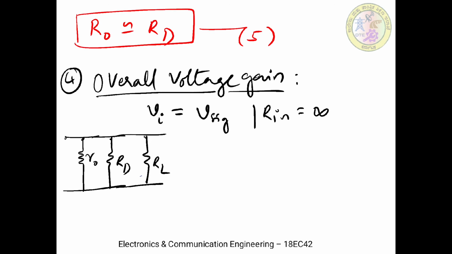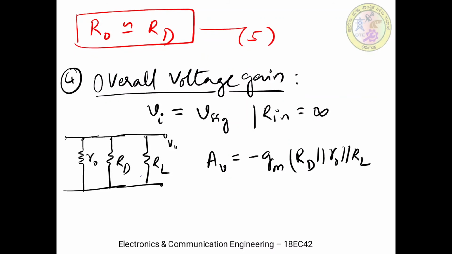In presence of RL, we can write the voltage gain AV as minus Gm into RD parallel with R0 parallel with RL.